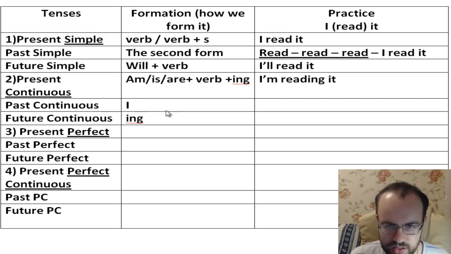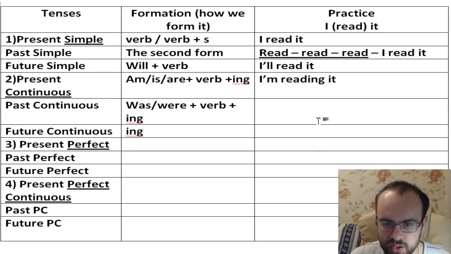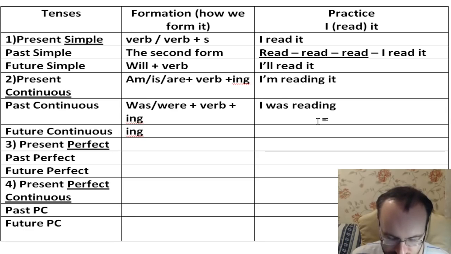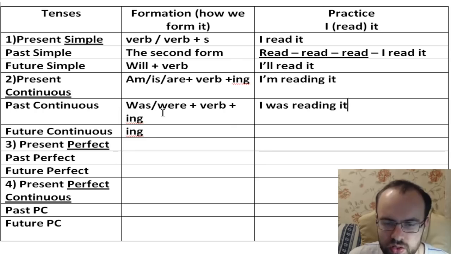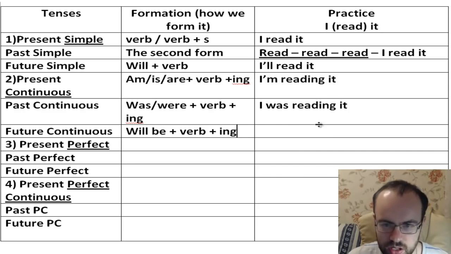Next, past continuous. It's was or were plus verb plus ing, and you say I was reading it. You know that I, he, she, it was; we, you, they were. Future continuous, it's easy to form: will be plus verb plus ing.